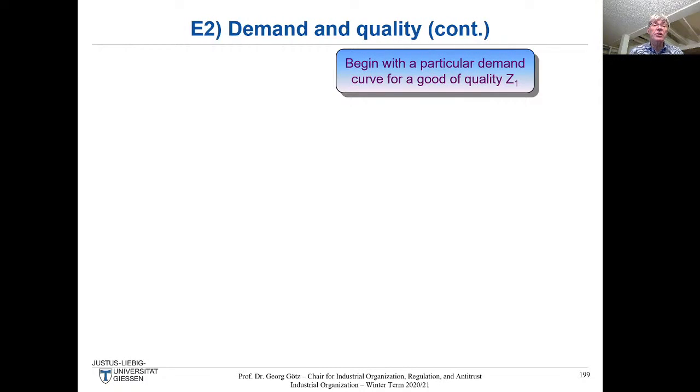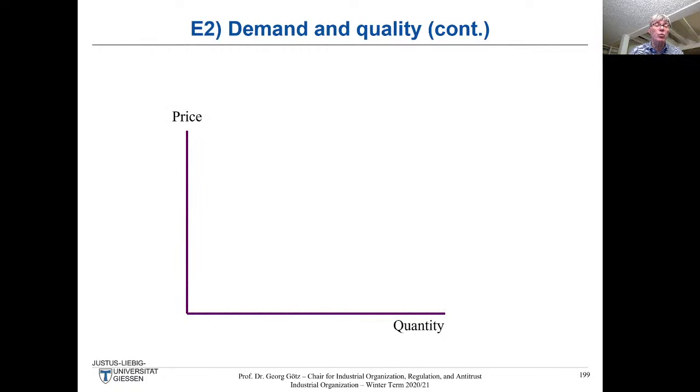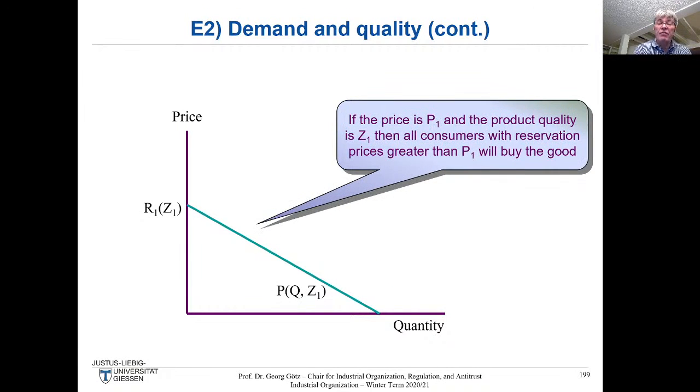Begin with a particular demand curve for a certain quality Z1 or C1, and suppose what this just means is we have this number of different consumers. Each one has a different willingness to pay, and we have one with a high willingness to pay. We have ones with lower willingness to pay, as with a standard product as well.